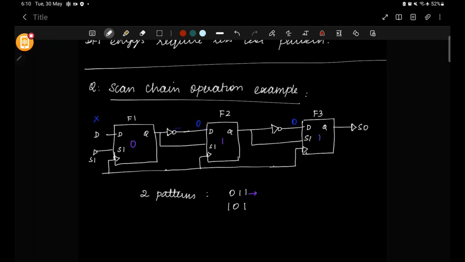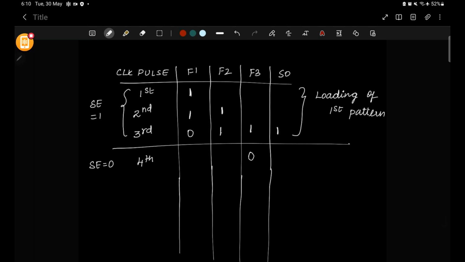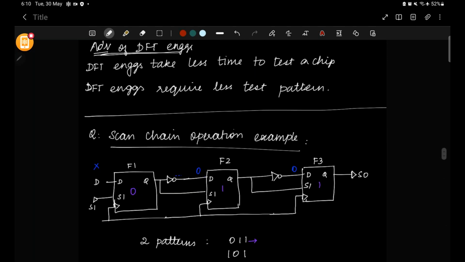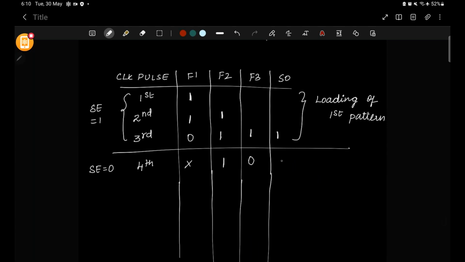Now whatever value is there at the D input, 0 will get captured into flip-flop 3. In flop 2, it is 1, right? Yes, correct. So in flop 2, 1 will come, and here we'll consider that to be X. Scan out is whatever is there in flip-flop 3 only. So this is the capture phase.